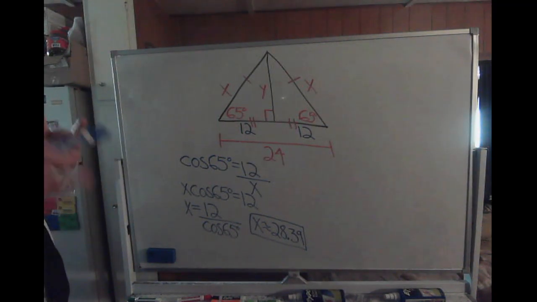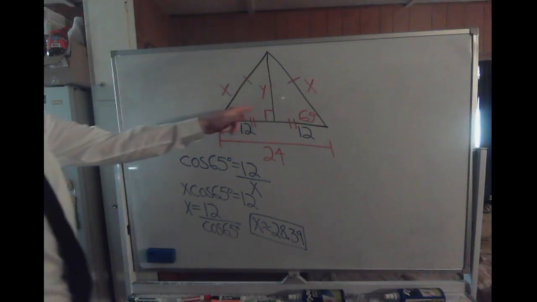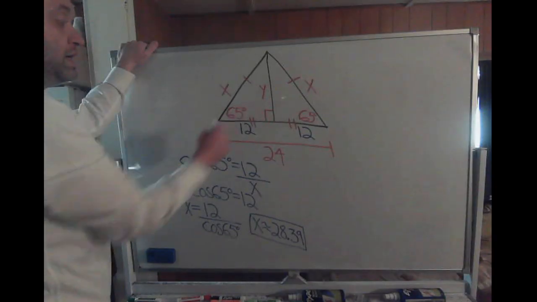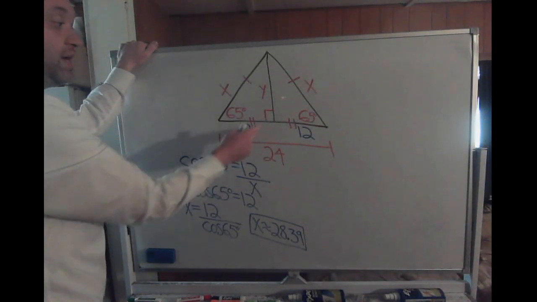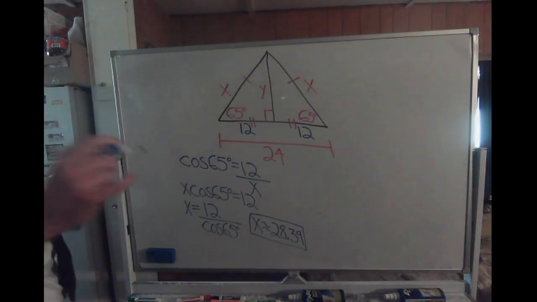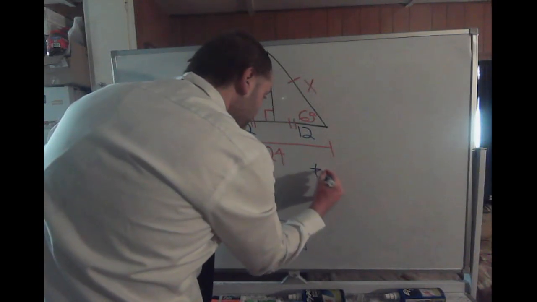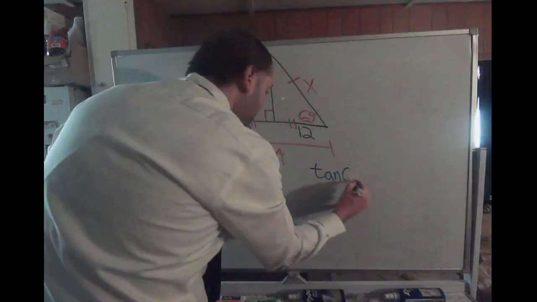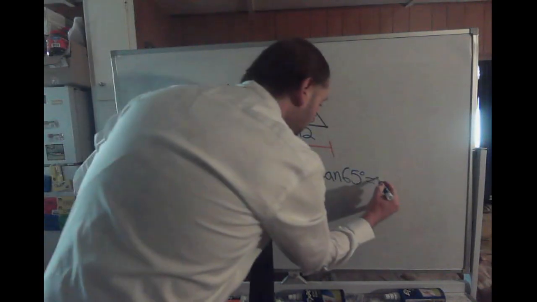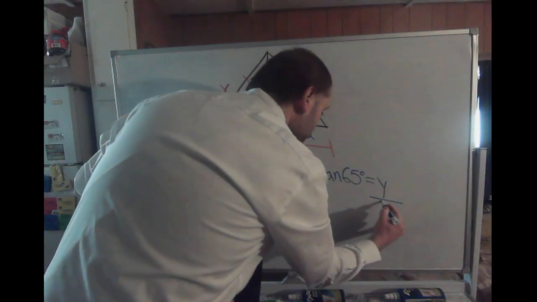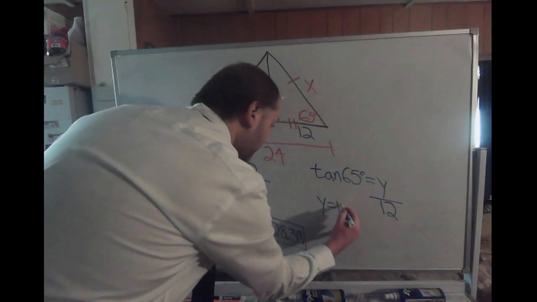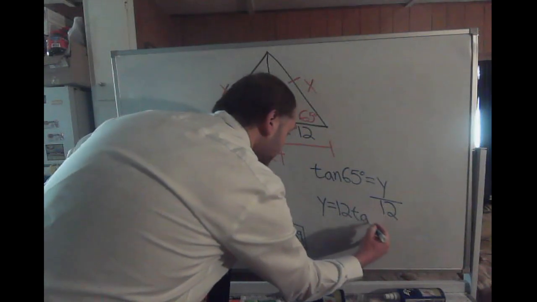Now we need to solve for y. Again, you have your two right triangles, but this time y is the opposite leg to the 65-degree angle. Then you have the adjacent leg, which is 12, opposite over adjacent, that means tangent. So set up your tangent ratio of the 65 degrees. That's going to equal the opposite leg of y over the adjacent leg of 12, which means that y is equal to 12 times the tangent of 65 degrees.